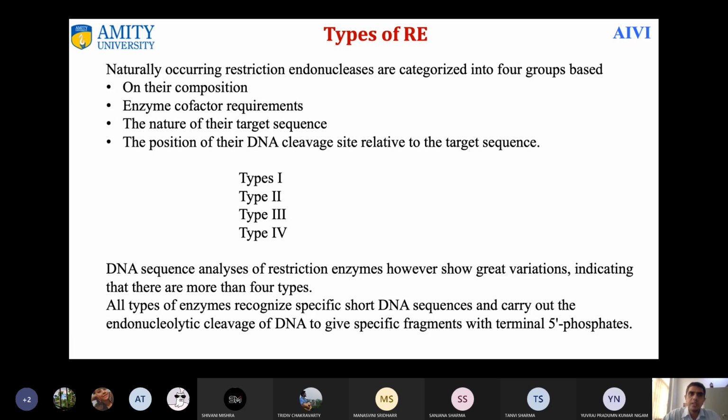These include their composition, the cofactor requirement, the nature of the target sites, symmetric or asymmetric, and the position of cleavage, from where they are cleaving.